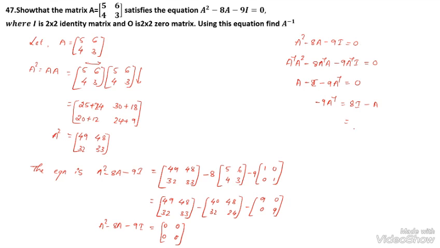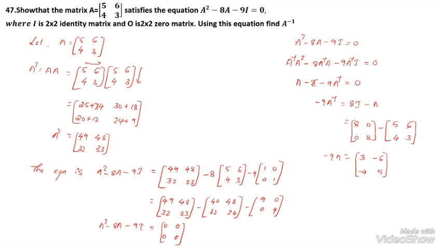I am taking 8 into [[1, 0], [0, 1]], that is [[8, 0], [0, 8]], minus the A matrix [[5, 6], [4, 3]]. It becomes 8 minus 5, that is 3. 0 minus 6, minus 6. 0 minus 4, minus 4. 8 minus 3, it is 5.